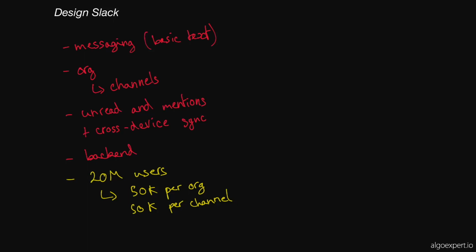Also, since this is a chat application, I'm assuming that we obviously care about low latencies. We probably care about high availability since this is serving so many users. Is that correct? Yes, we would care about both of these things, but for the sake of being more focused, I don't want you to optimize for availability.